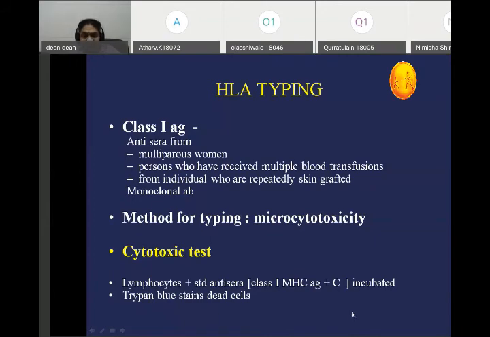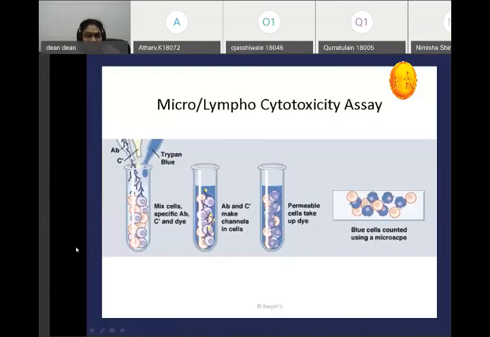Trypan blue will stain dead cells. So in this microlymphocytotoxicity, lymphocytes are mixed with antibodies, complement, and trypan blue. After incubation, dead cells are stained by the trypan blue. So we can type these lymphocytes using these stains.